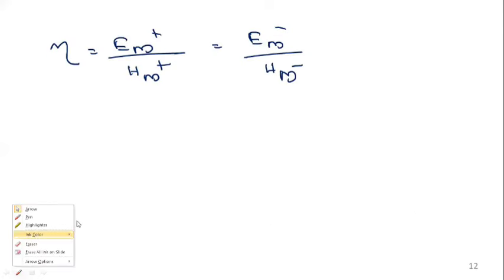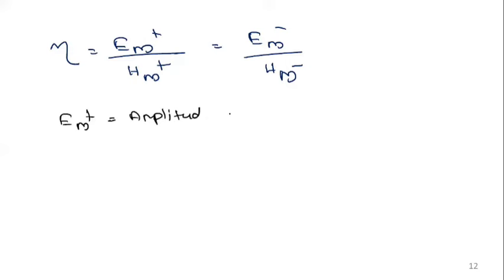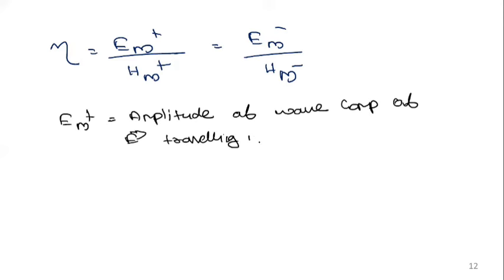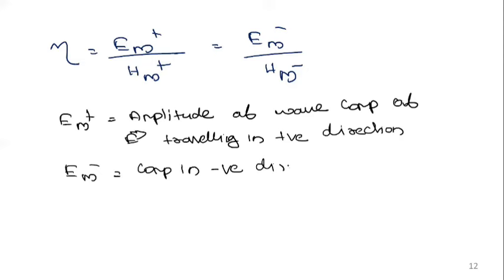And if a question comes, you should write that Em plus is the amplitude of the wave component of the electric field traveling in the positive direction, and Em minus is the component in the negative direction. So this much you just need to understand.